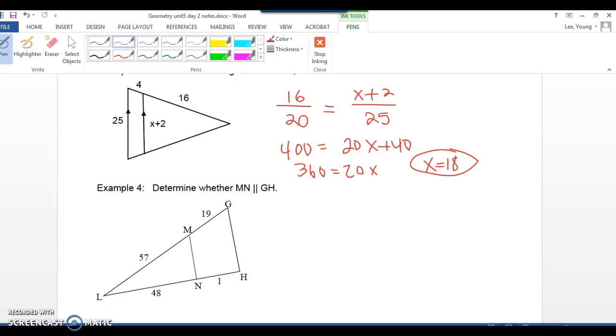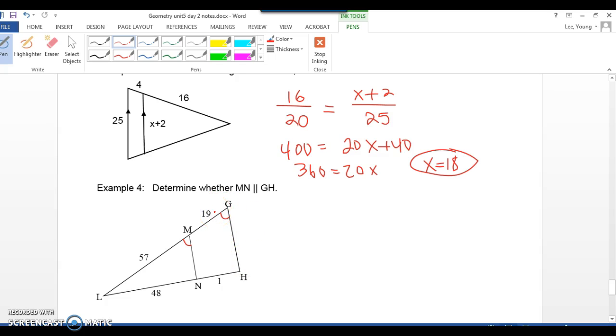Question number 4. Determine whether ML is parallel to GH. In order to say MN and GH are parallel, we have to say that these two angles are congruent. In order to do that, we have to prove that triangle LNM is similar to LHG.